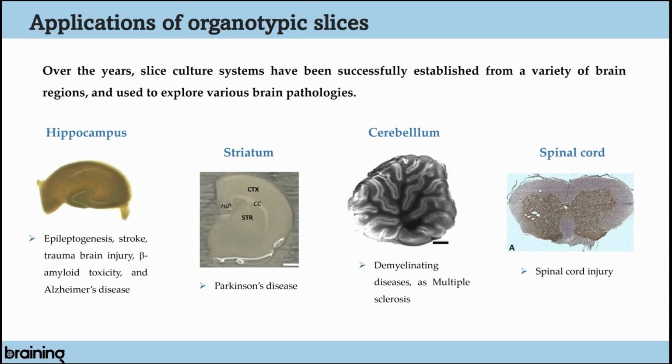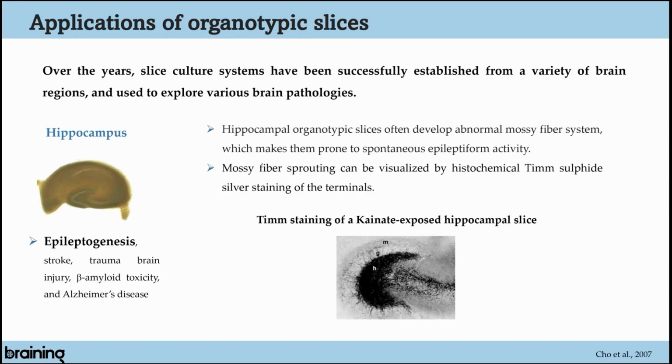I just put here some, but basically when you think of organotypic slices, indeed it can be prepared from any part of the brain. Of course, there are some regions that, because of particularities of their structure, are probably more difficult to prepare and have higher variability, but theoretically you can prepare organotypic slices from all regions of the brain.